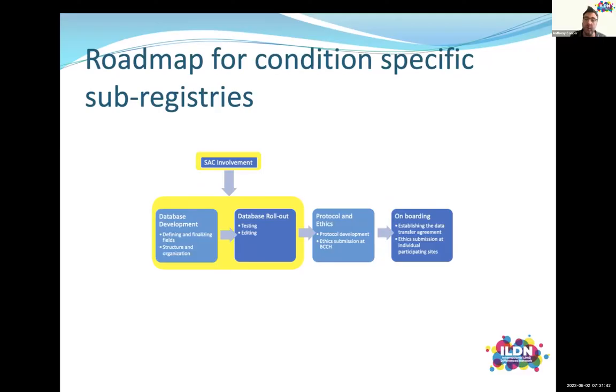We currently have the ethics approved, and then once the registries are developed, the centers are onboarded, and we're rolling out each registry as we move along. We found that it's much more useful to have individual disease-specific registries, as this can streamline data entry rather than trying to have one large database which encompasses all of the different disease spectrum that we've seen before.